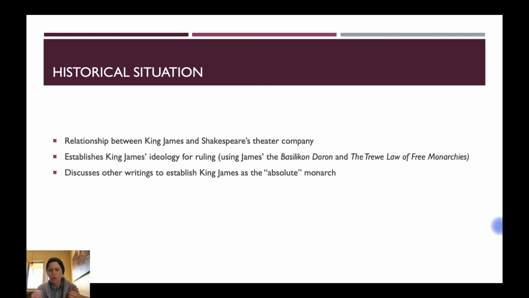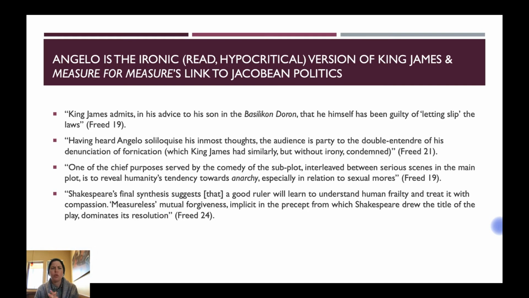So we have a play that's written in a way to criticize what's happening with King James, in a way to unpack the political climate of Jacobean politics. Okay, so we see on page 19 that King James admits in his advice to his son that he's been guilty of letting slip the laws. So this is very similar to the Duke, who hasn't enforced the laws in Vienna in 14 years. You can see that connection there.